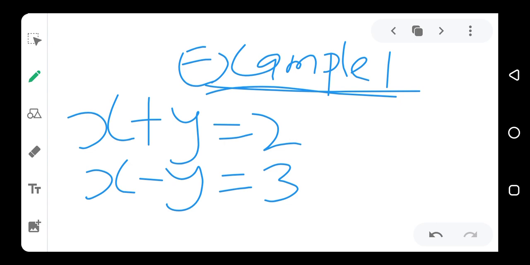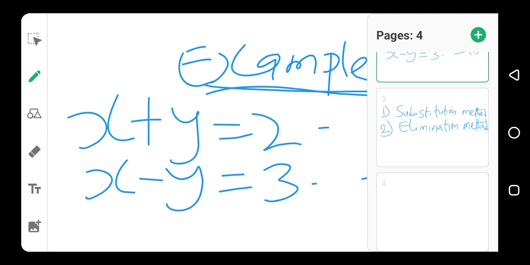We can pick either equation 1 or equation 2, and anyone we pick, we make one of the unknowns the subject. That is, we can make x the subject of the formula, or we make y the subject of the formula. That is in substitution method.